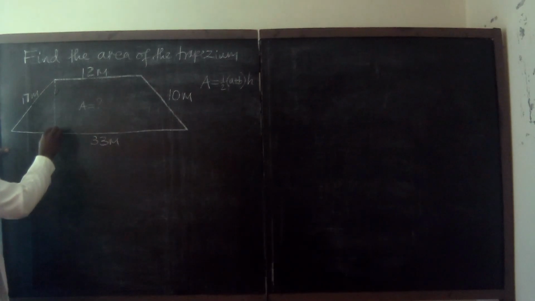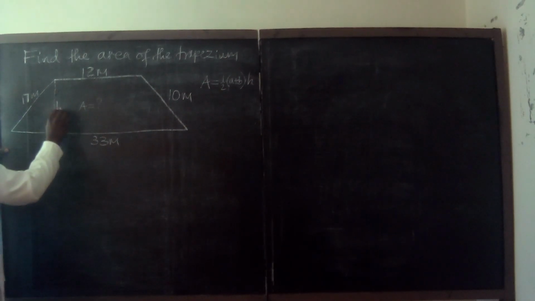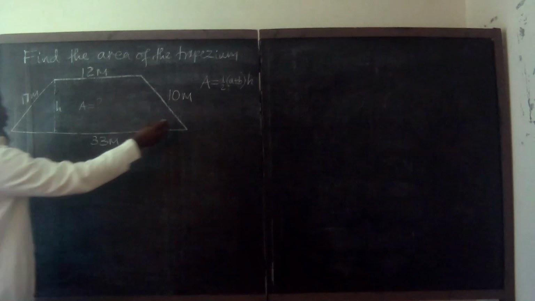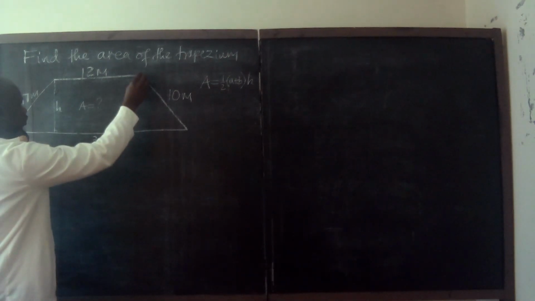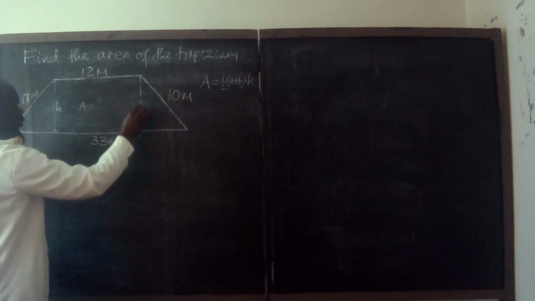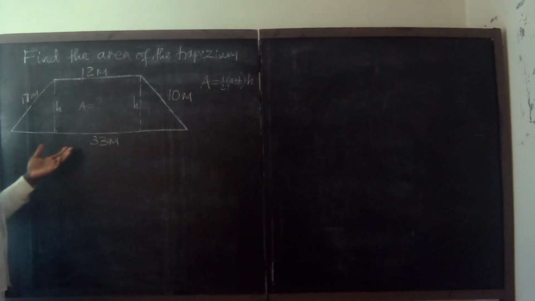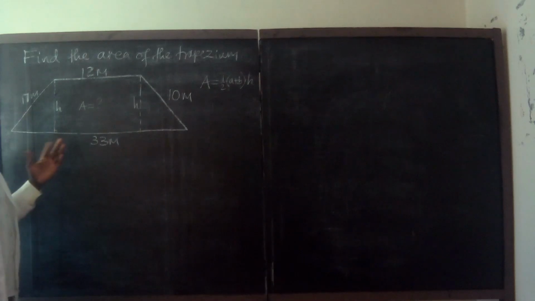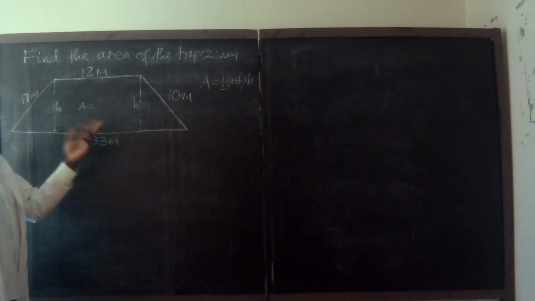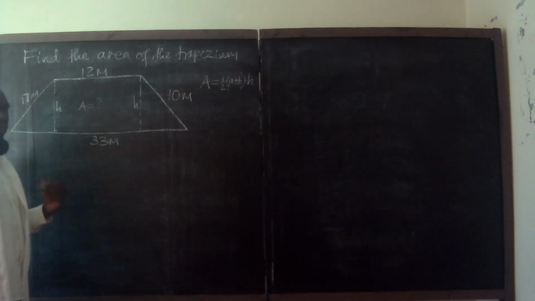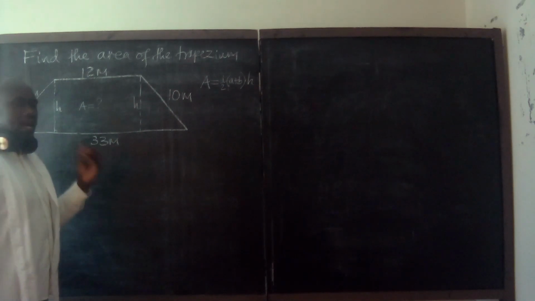From this point here, to that height, and also on the other side, from this top here, we have the height. So we write an expression for the height in two different ways, and we solve to get the height.